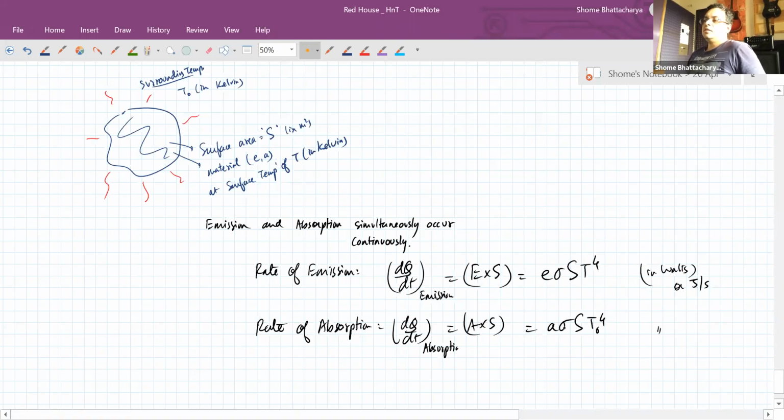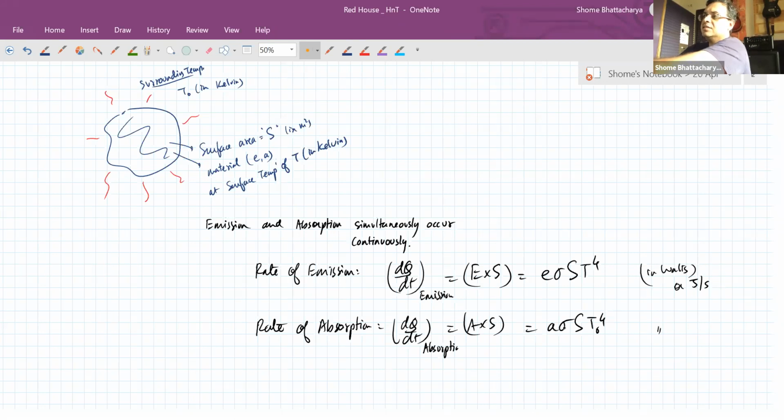So now we'll understand that logically, if the temperature of the surface is equal to the temperature of the surrounding, it should be in thermal equilibrium. That means the net heat exchange should be 0. Now this is a little bit more complex, because net heat exchange is 0, but at the same time emission and absorption are continuously taking place.